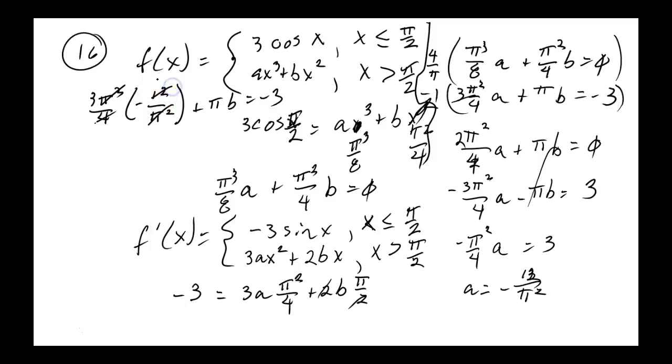So this will be negative 9 plus pi b is equal to negative 3. So pi b is equal to 6, and b is equal to 6 over pi. That is correct. So that looks like the answer is A, right?